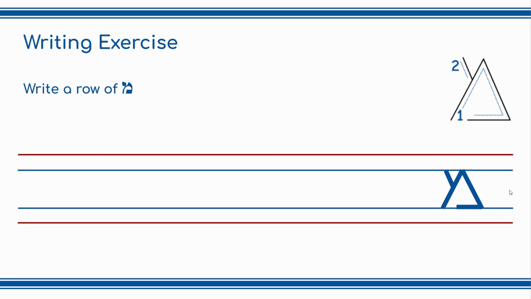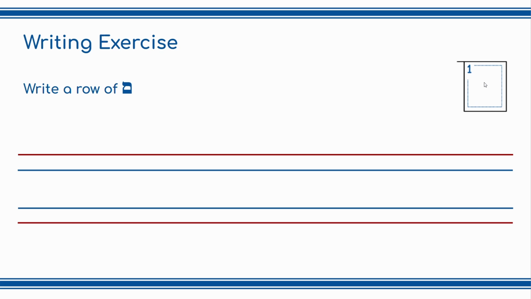Okay, next you're going to write the mem in the final form, mem sofit. You draw a line horizontally, then vertically, then horizontally again, and then going up. And that's all mem sofit is. It looks like a square.